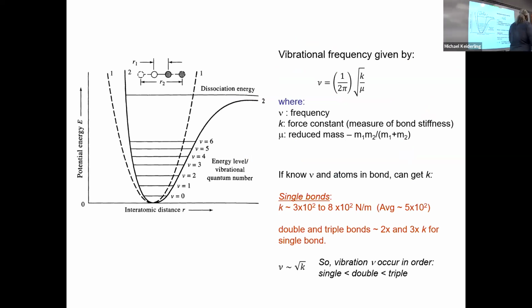First of all, if you just work out what the vibrational frequency would be for a couple of masses, the frequency is just 1/2π, to go from angular to frequency, times the square root of k over μ, where μ is mass 1 times mass 2 over mass 1 plus mass 2.